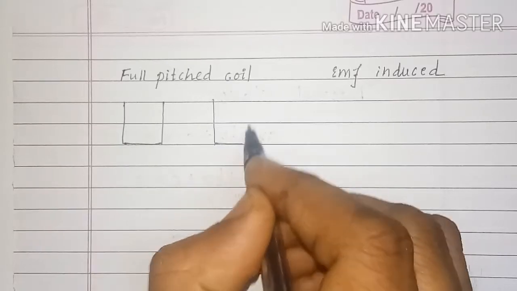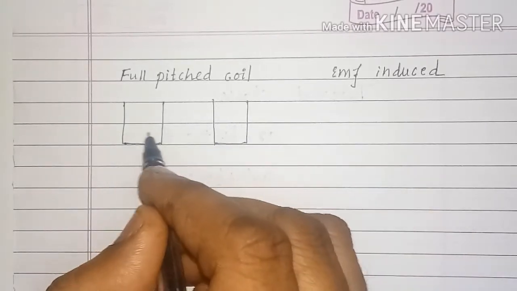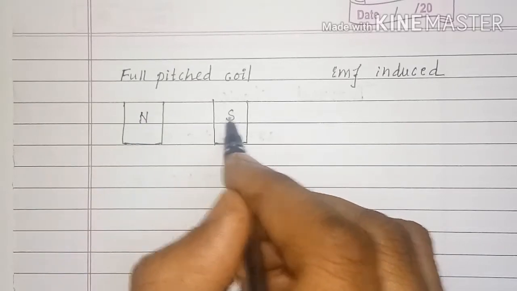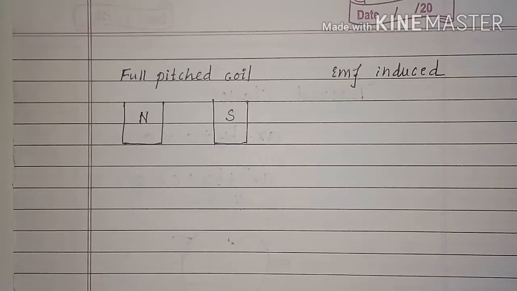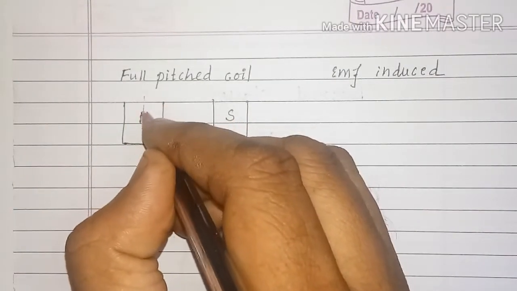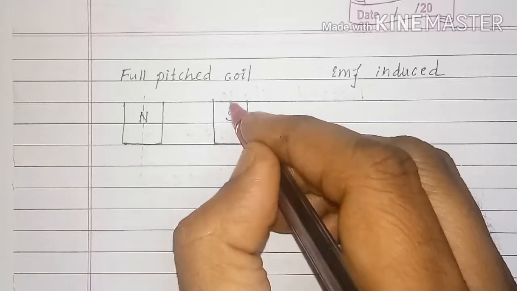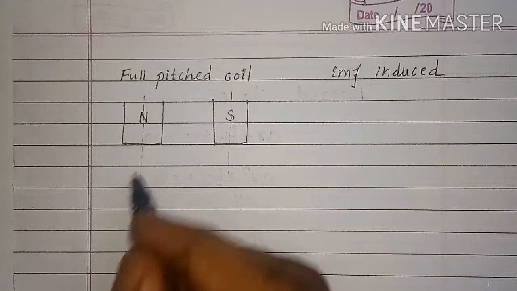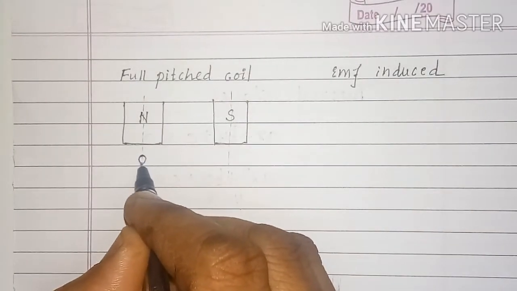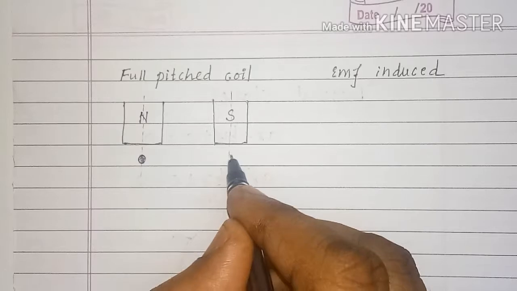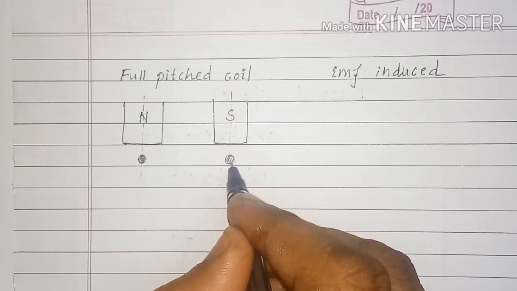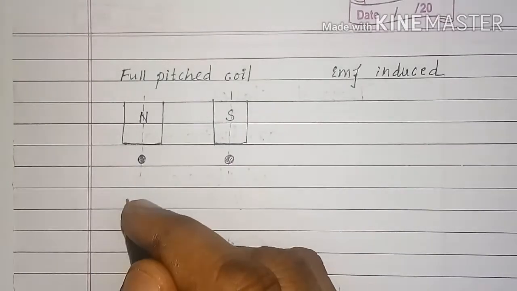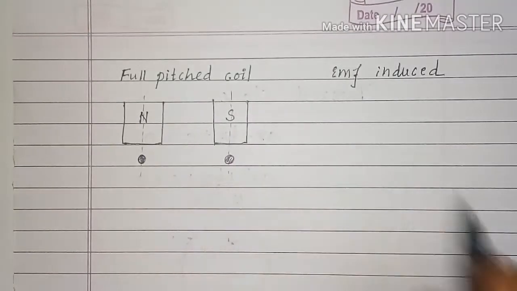So these are the two poles, namely N and S. Let us draw the pole axis here. Pole axis is nothing but a line passing through center of pole. Just under these pole axis of two poles, I have shown here the two coil sides.